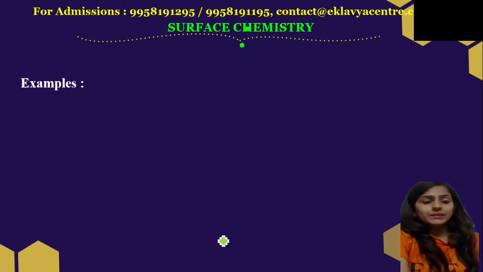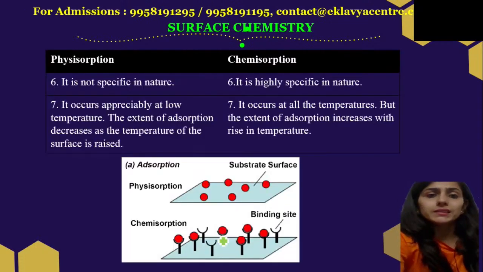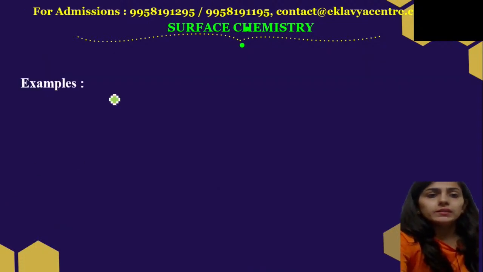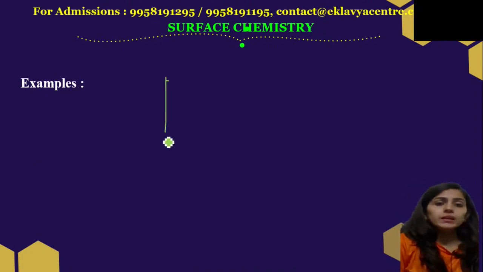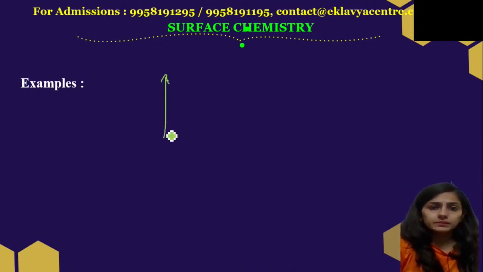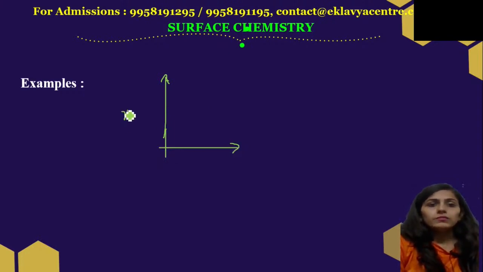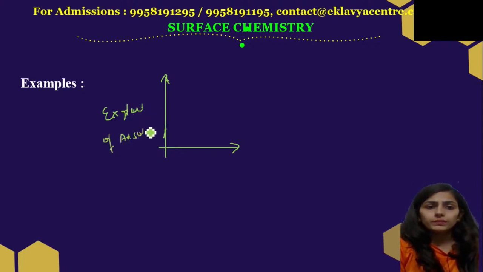Now let's talk about examples. But before going to the examples, I would like to discuss the 7th point in detail. In the case of physisorption, suppose this is the extent of adsorption, x by m.